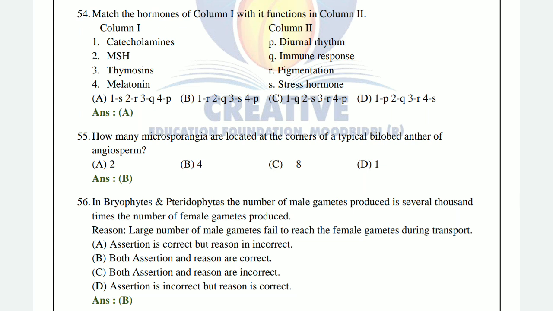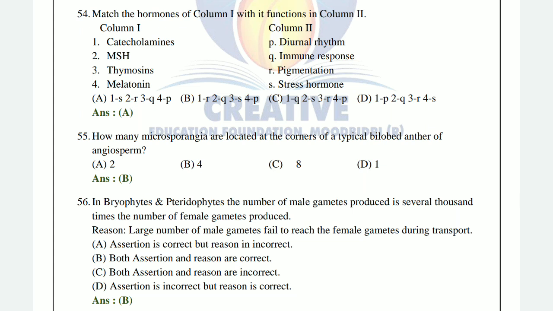54. Match the hormones of column 1 with the functions of column 2. The correct option is option A, that is 1S, 2R, 3Q and 4P. Question 55. How many microsporangia are located at the corners of a typical bilobed anther of angiosperm? The correct option is option B, that is 4.